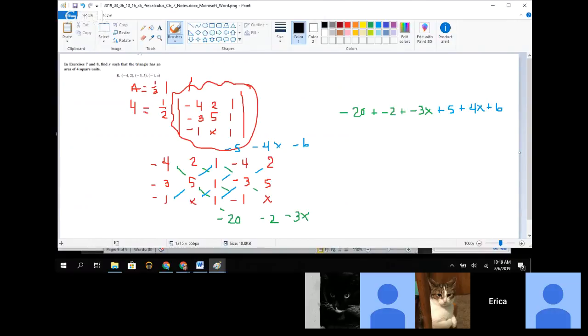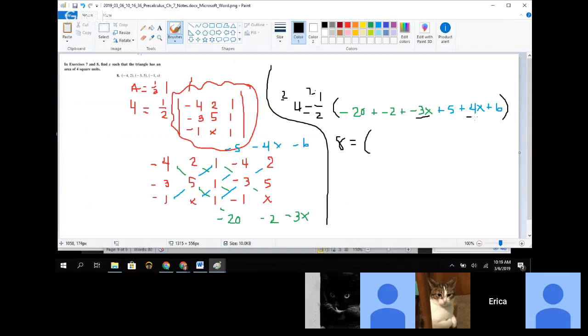All of that is your determinant. Multiply by 1/2 equals 4. Instead of that, I'm going to make this 8 equals all of this. I'm just going to multiply both sides by 2 to make my life easier and not have that fraction there. Okay, so I need to simplify.